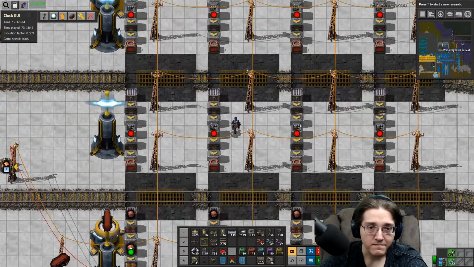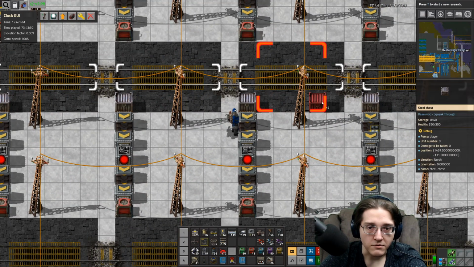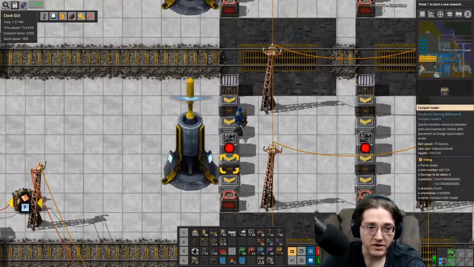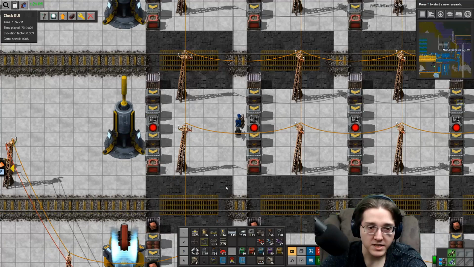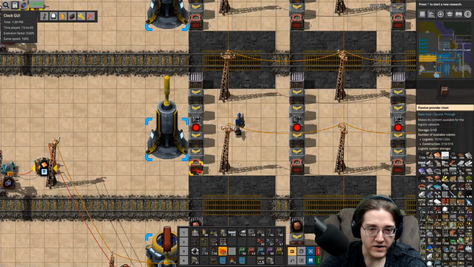This is a little bit different. The way the bulk rail unloaders work is that you do have additional spots on the sides if you add your own chests on the end. So that's a point of note as well. These are not going into a warehouse. These are going to their individual provider chests.